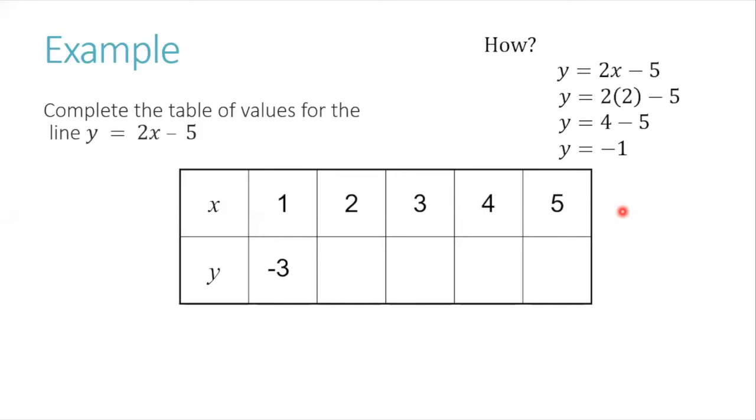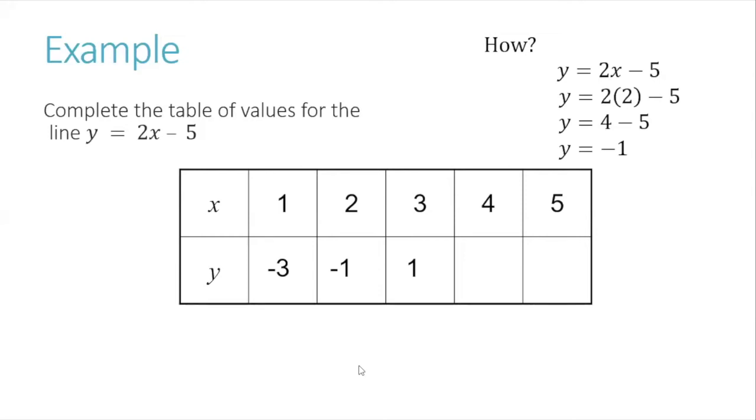So let's do the one for 2. To find our y value when x is 2, wherever you see x, you put 2. So 2 times 2 is 4, and then we bring back down the subtract 5, and 4 take away 5 would be -1. So our next value would be -1. And you can continue to generate your own y values in your free time.